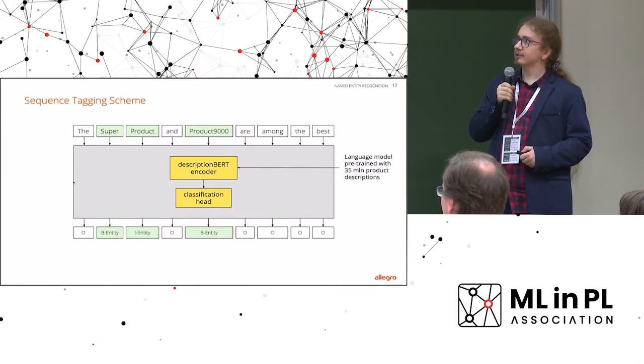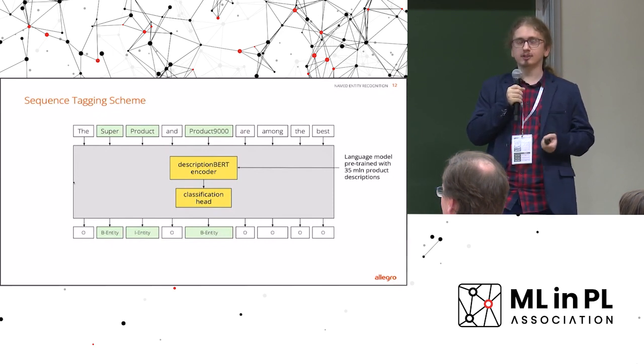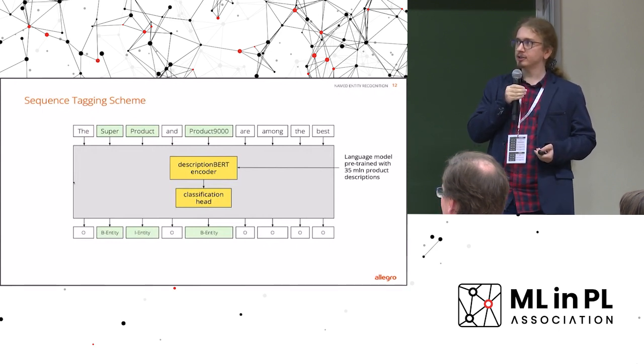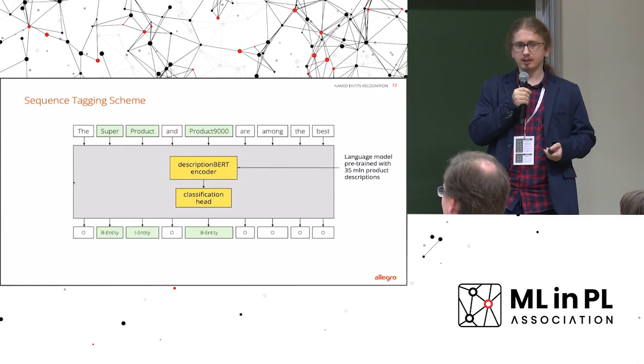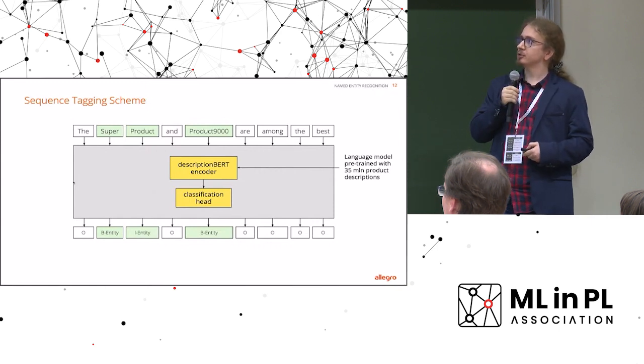This gave us a language model that knows the language of product descriptions. We then used this pre-trained encoder to fine-tune this classification head. This is just a linear classification head that is used to solve this named entity recognition classification task.